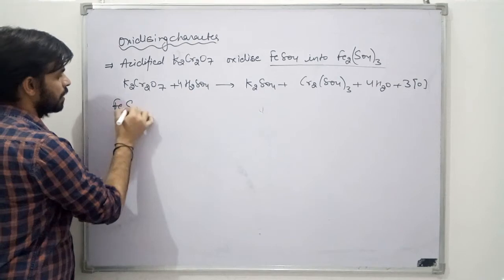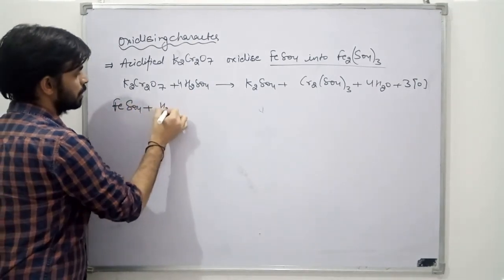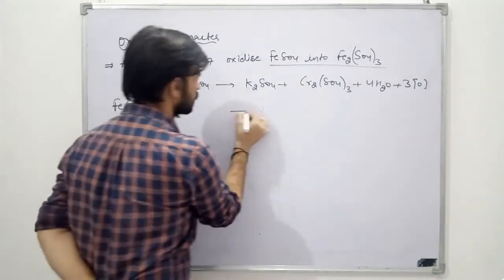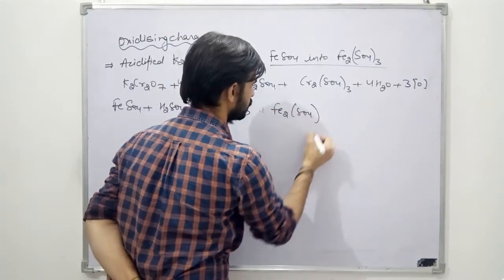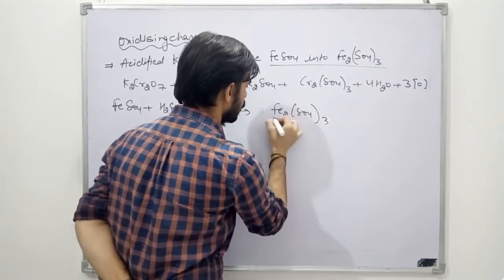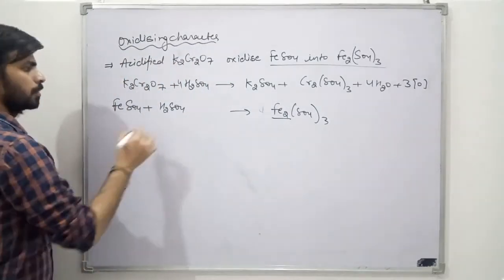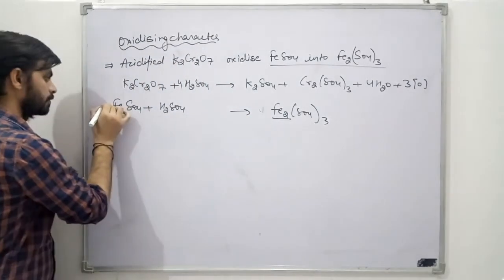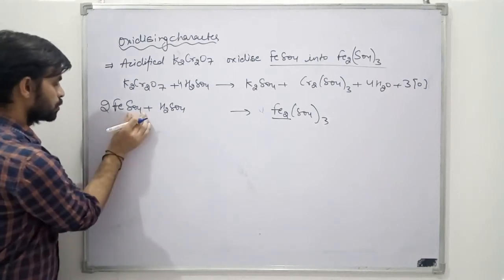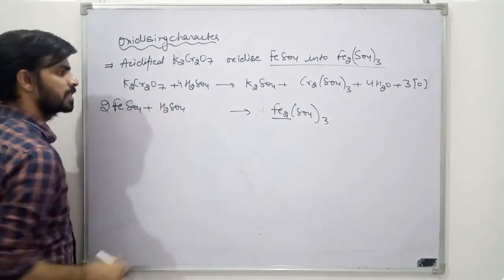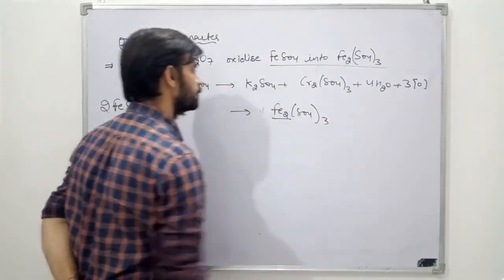Now FeSO4 treated with sulfuric acid converts into Fe2(SO4) whole thrice. We have two ferrous, then used two sulfate plus 1 sulfate. There are 3 sulfate, which is balanced.